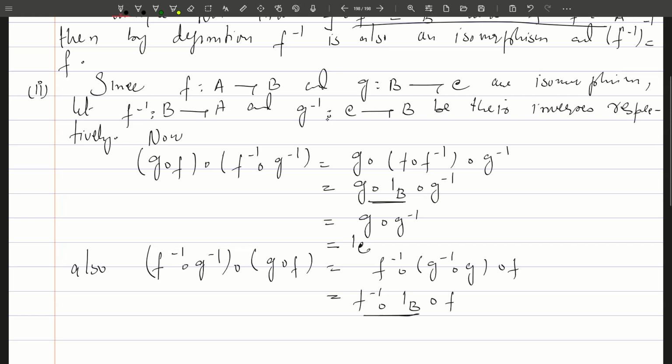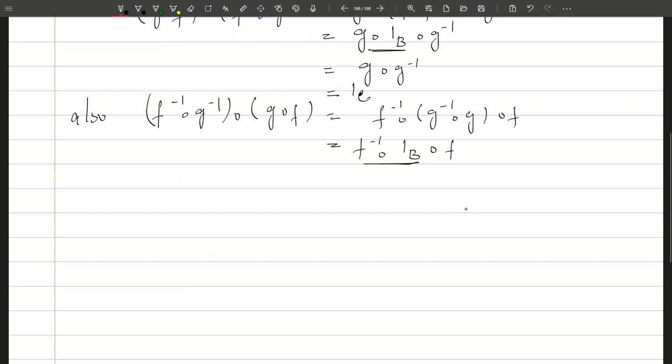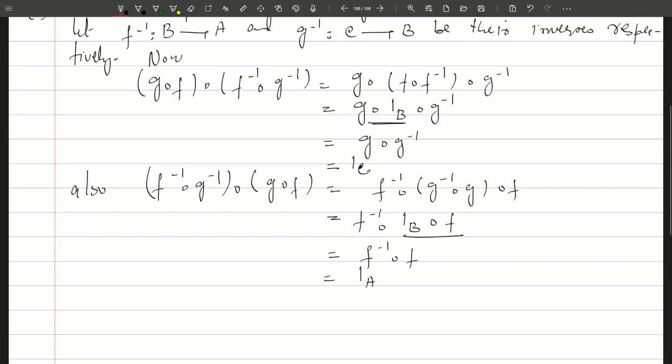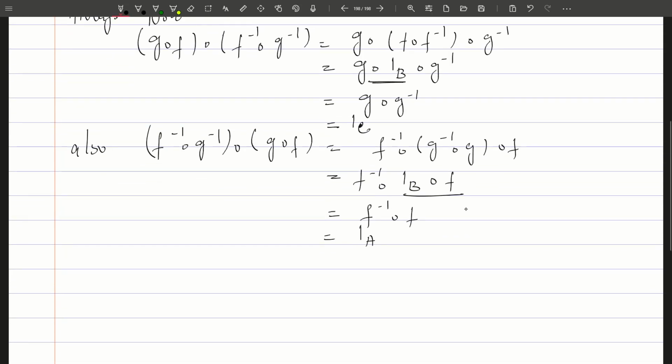Now this map is f itself. So this is equal to f inverse composite f. Now f inverse composite f is the identity map on A. So that means the map f inverse composite g inverse is the inverse of g composite f.